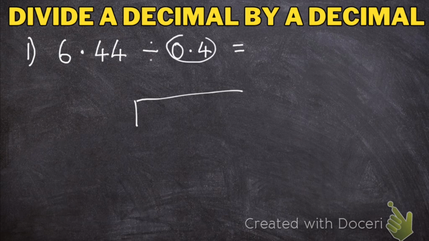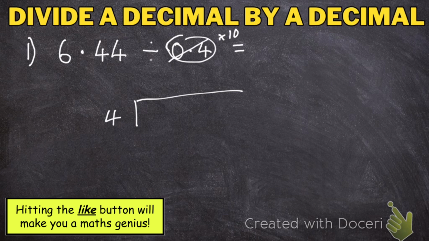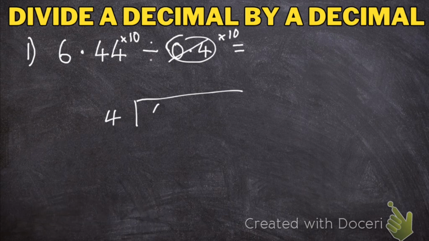So 0.4 I'm going to multiply by 10, which is going to give me 4, and that's going to give me my divisor. It's much easier to divide by 4 than it is to divide by 0.4. But because I've multiplied this by 10, I also need to multiply this number by 10. So 6.44 now becomes 64.4.